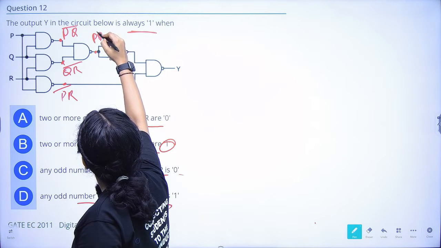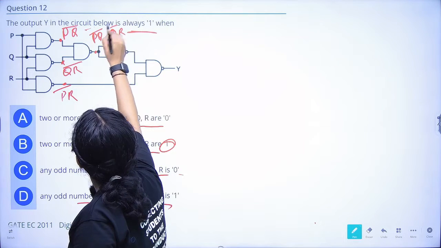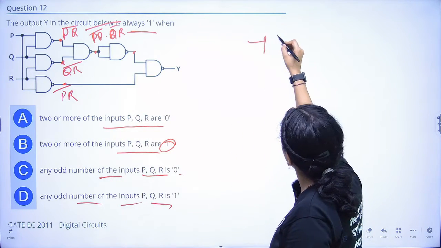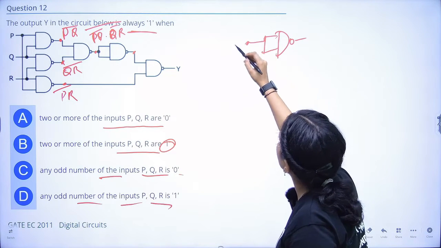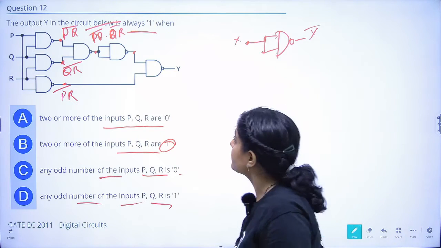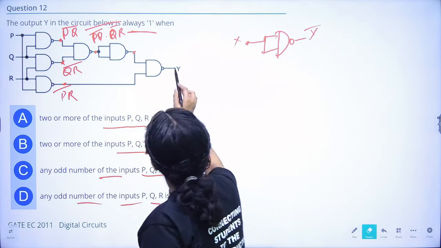This is PQ bar dot QR bar whole bar. Now this is a NOT gate. Whatever input we are giving here, the output will be X bar. Okay, so the bar was already there, so it will remove the bar.